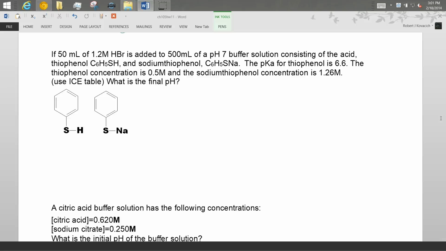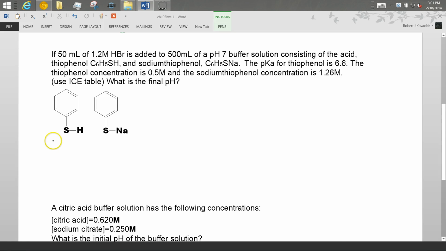Okay, so what are we doing here? We got a buffer, 50 milliliters of 0.12 hydrobromic acid added to 500 milliliters of a buffer at pH 7 consisting of phenolphthalein and sodium phenolphthalein, 6.6, 0.1 and 1.26. Okay, so what should we do first with this? Find the number of moles of each of the things. So I've got a salt and a weak acid, and then the thing that's going to be added, which is going to be the hydrobromic acid.